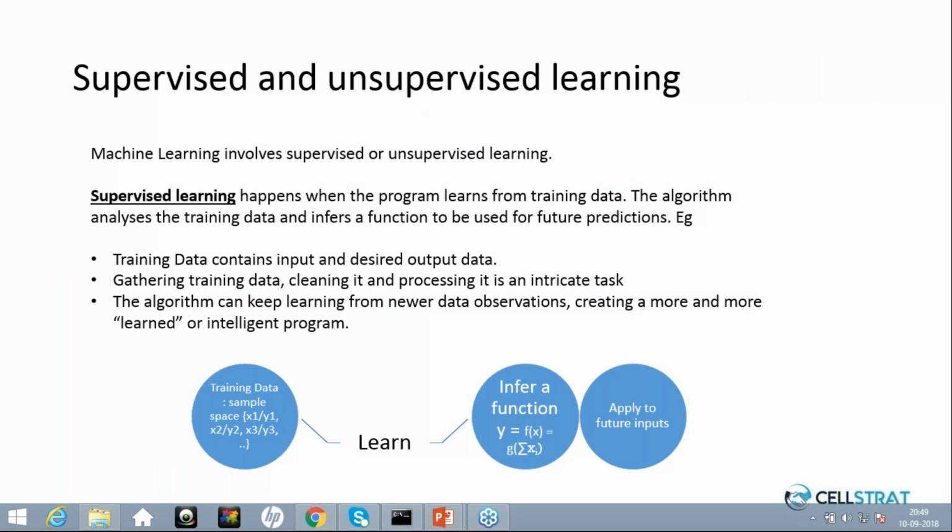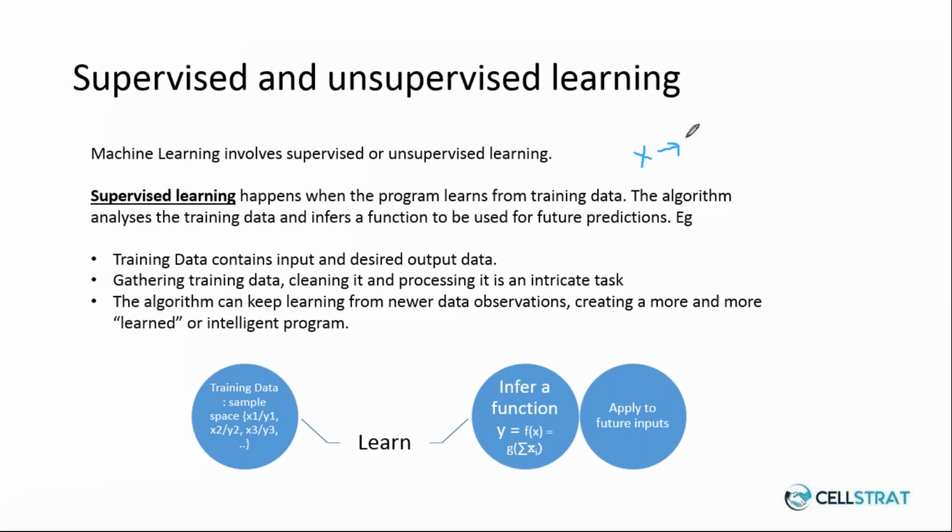What is supervised learning? By the way, why is it called supervised learning? Because I have input X, and I have the corresponding output Y provided to me. So input X, output Y. It's just like a teacher teaching a class. The teacher says this is a problem statement, this is the solution. When a teacher is teaching a class, the teacher provides a problem statement to the students, and also provides a solution.